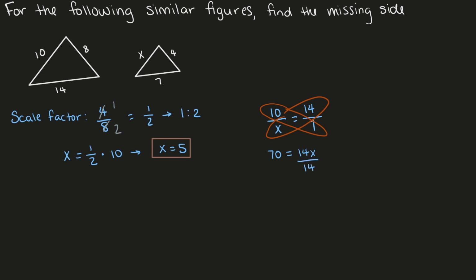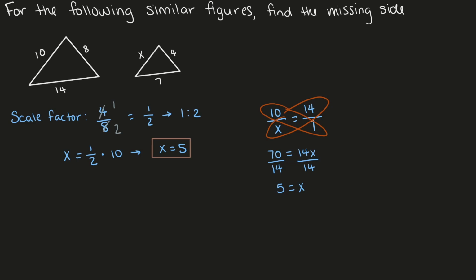Divide both sides by 14, and we get 5 on our left side and x on our right side, which is the exact same. So we know that x is 5. Again, just showing you that you can use either method, and as long as you're doing it correctly, you'll come to the same answer.